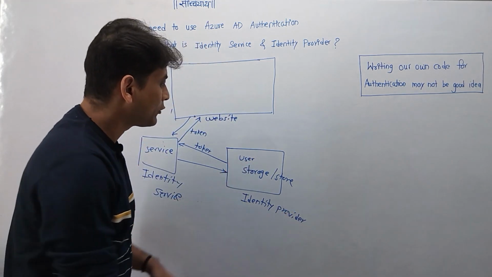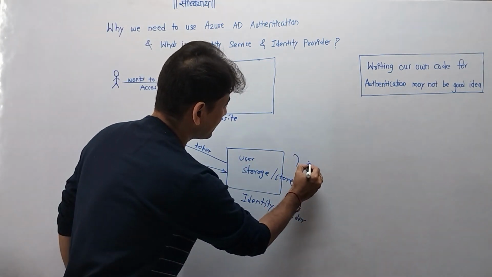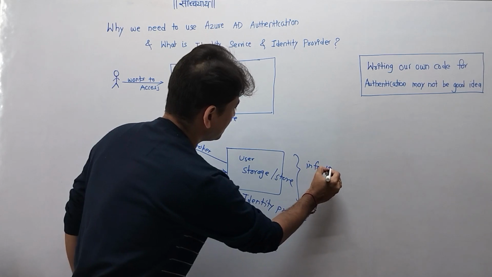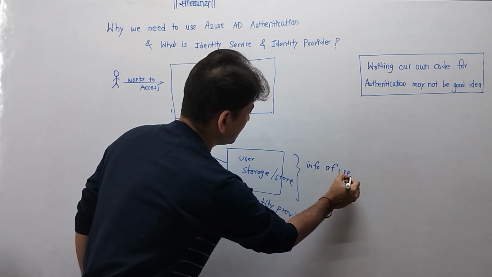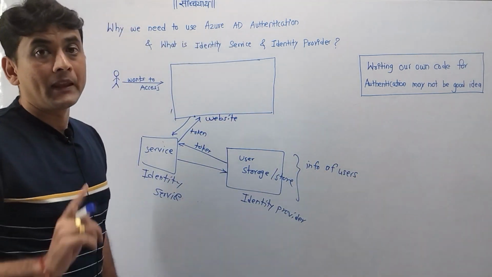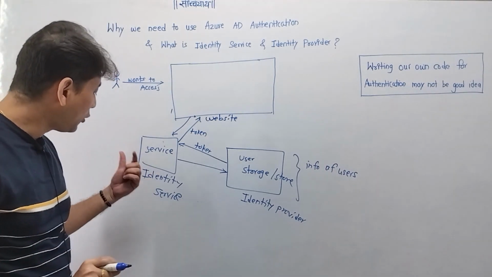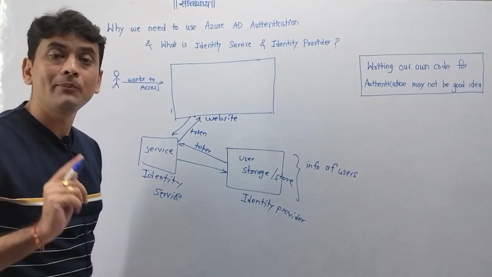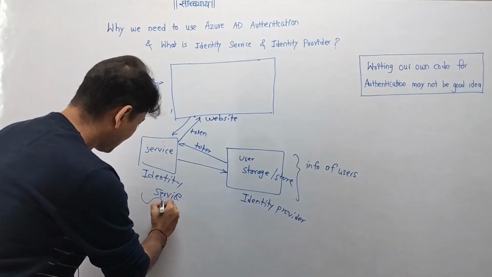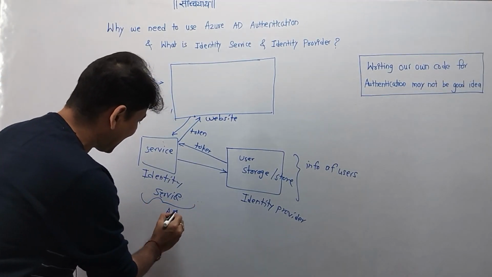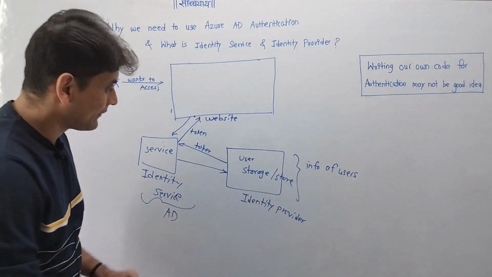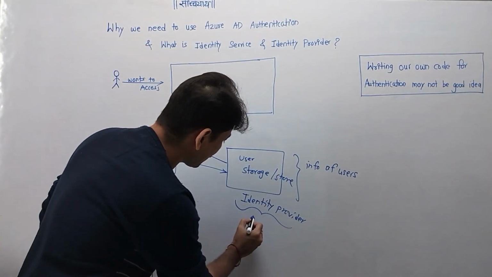And of course it will contain information about the users. Now, Azure AD, that is Azure Active Directory, is both identity service and identity provider as well. So AD can act as identity service and it can act as identity provider as well.